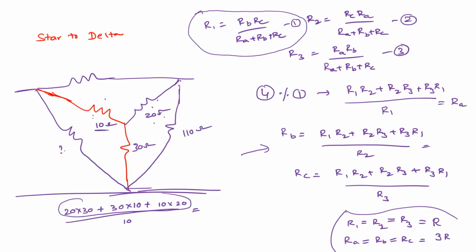What is the denominator in this particular case? 20, so 1100 upon 20 ohm. And when you are calculating this one, the numerator is the same and the denominator is 30. It's clear, right? Yes, sir.